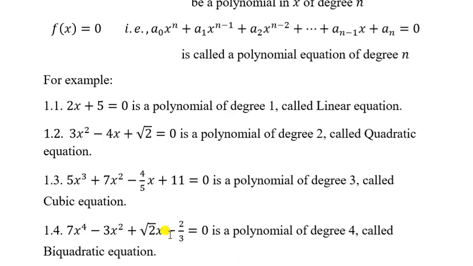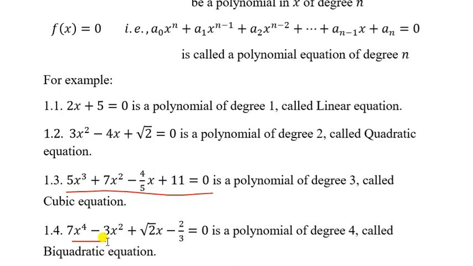Now we'll see cubic equation. See this example, 5x cube plus 7x square minus 4 by 5 x plus 11 is equals to 0. This is also a polynomial equation, but this is called a cubic equation. And now one more example, if you see here, the highest degree of x is 4. When the highest degree of x is 4, then only it will become a biquadratic equation.